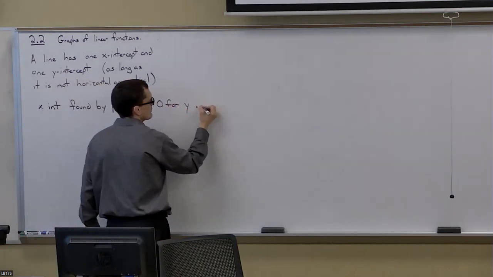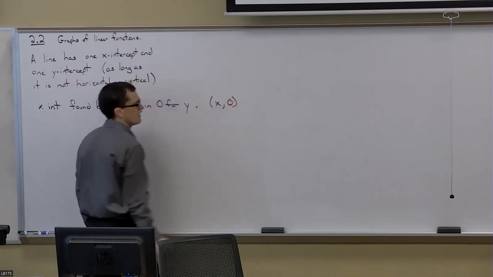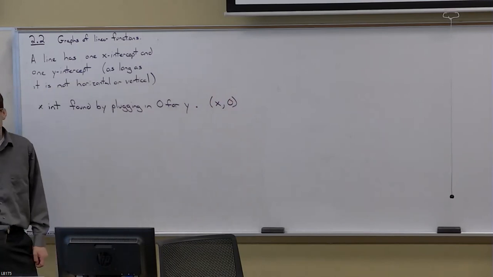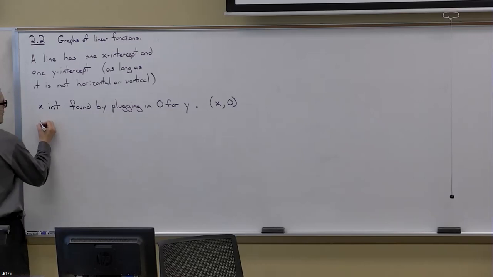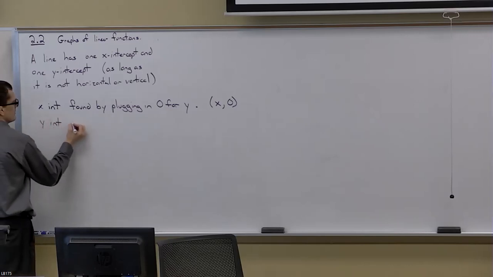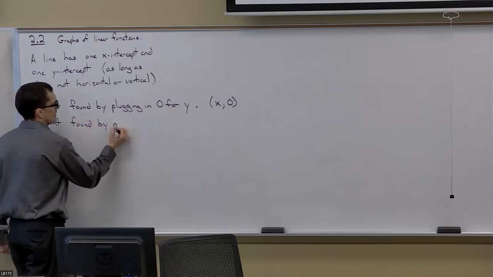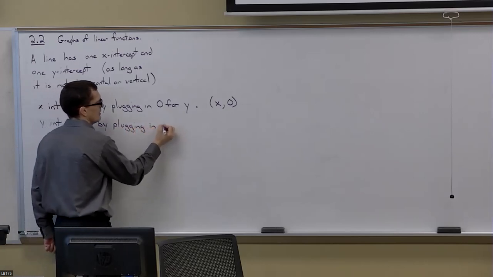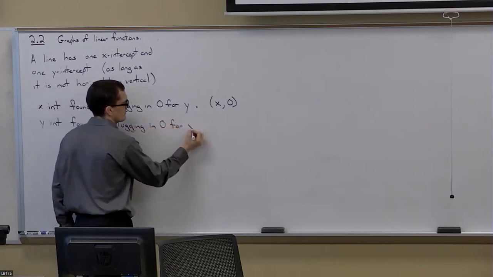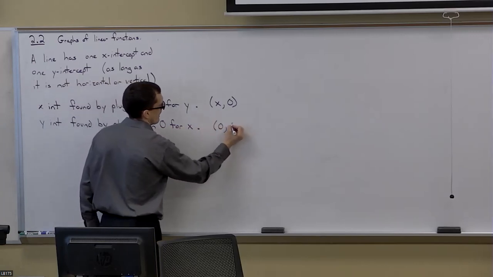And just to recall, the x-intercept is always going to have the form (x, 0). The y-intercept is going to be found by plugging in 0 for the x value, and it's always going to have the form (0, y).